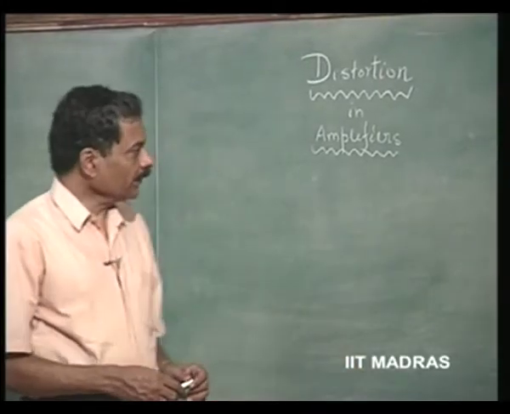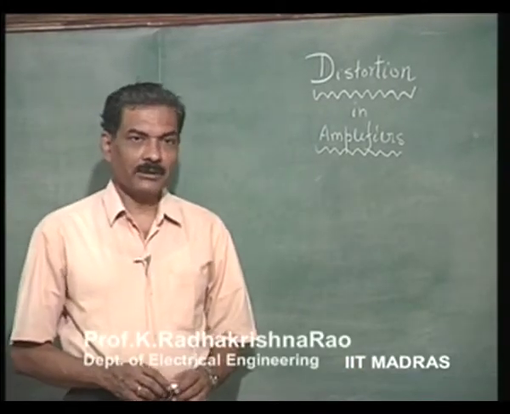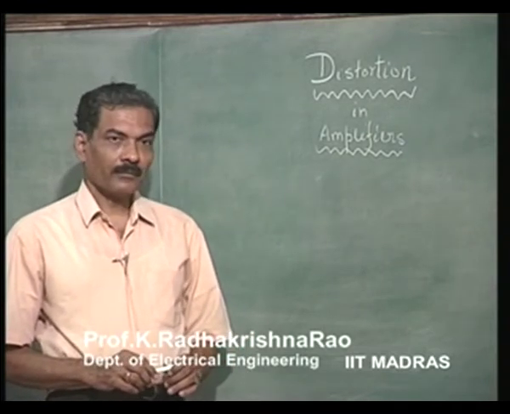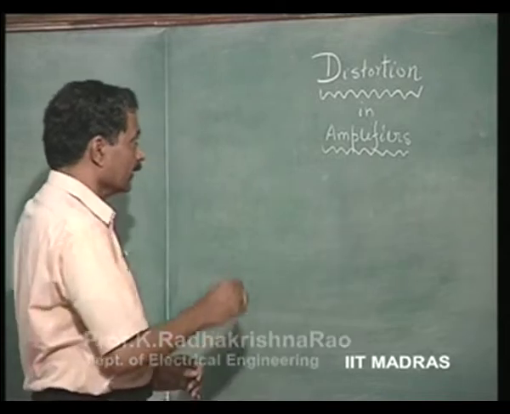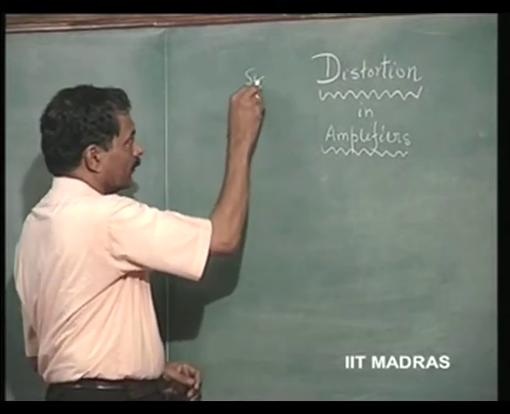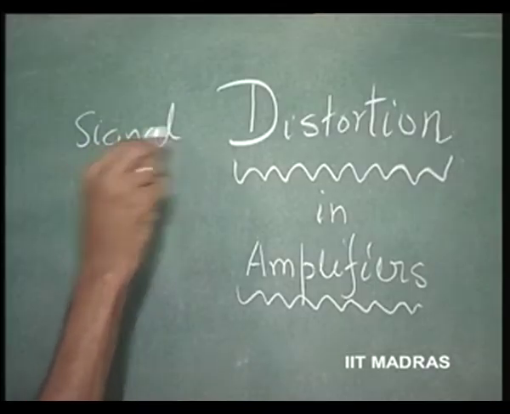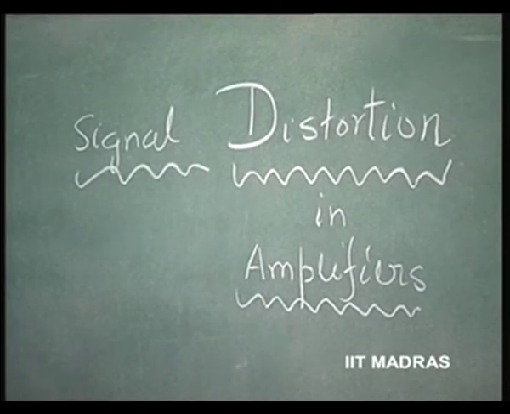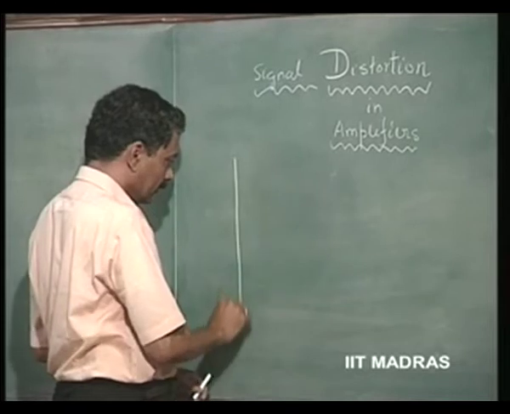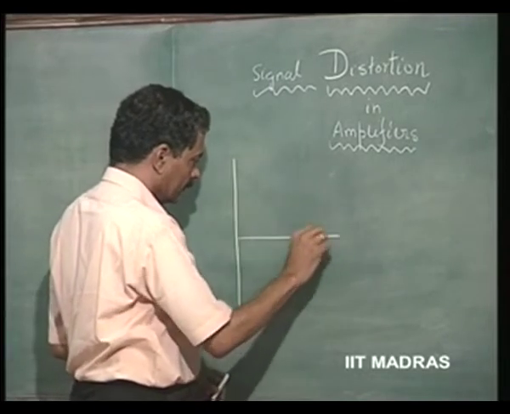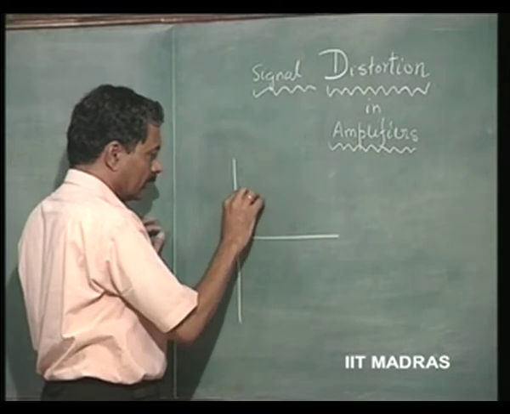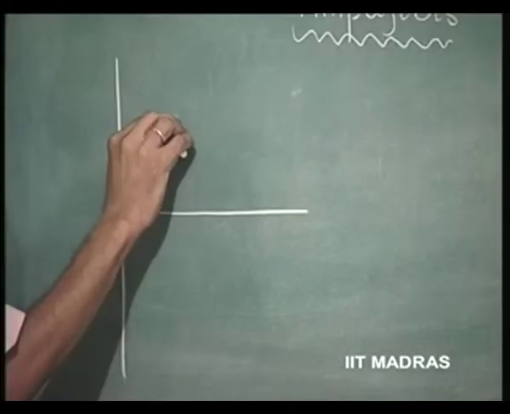Today, we will continue with the discussion about distortion in amplifiers. Signal distortion, that is what we mean by. For example, let us say the input signal is something like this.